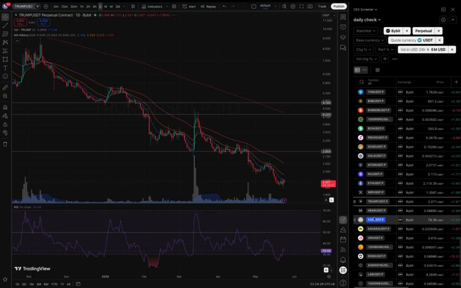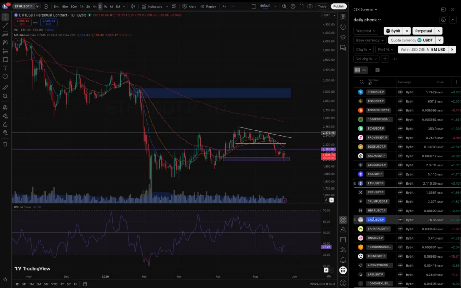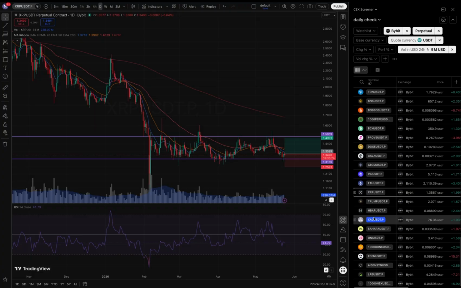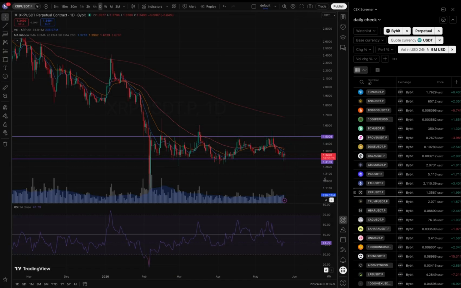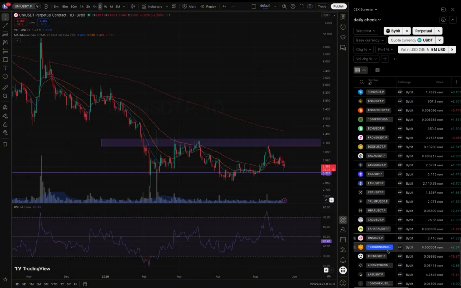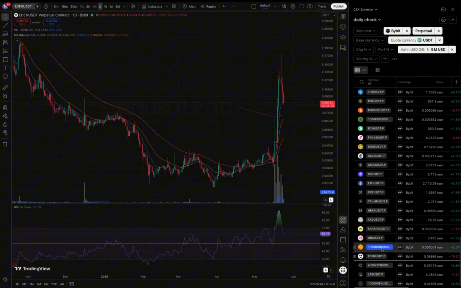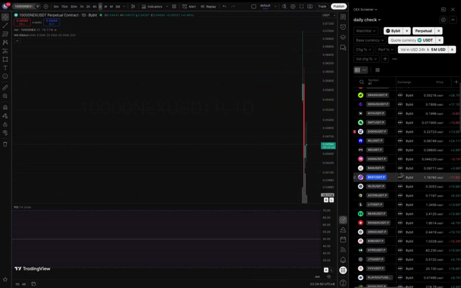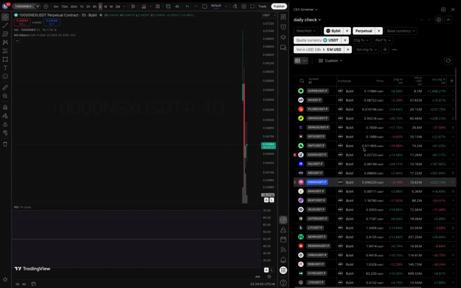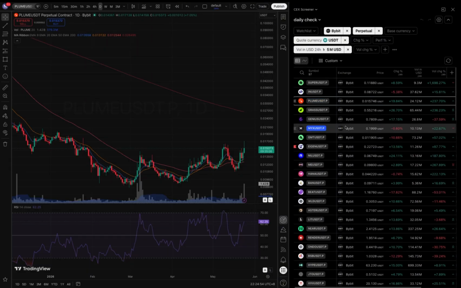H bar. Ethereum. XRP. Yep, red. All red. Because they are getting smacked around by Bitcoin. Right there. That's the market for you. Maybe let's see what happens tomorrow. No trade for now.